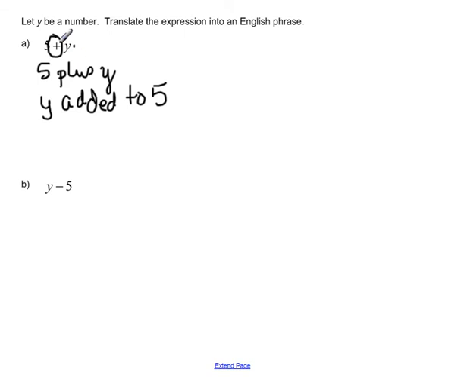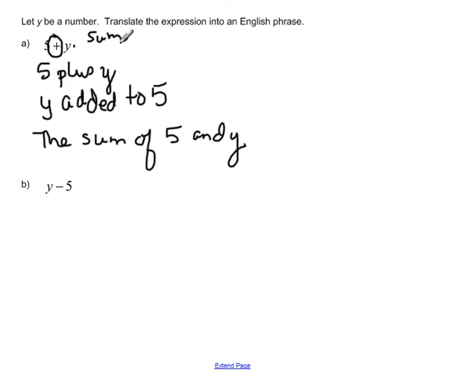Now we can also get fancy with some of our math language. We know that the official math word for addition is the word sum. So we could say the sum of 5 and y.